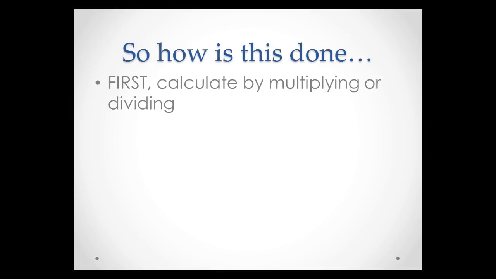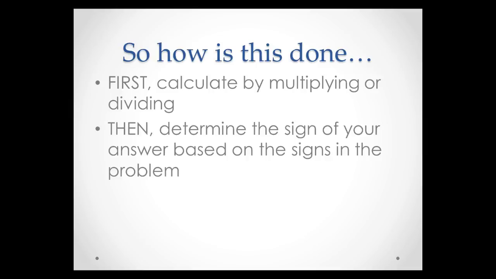So how is this done? First, you're going to calculate the two numbers by either multiplying or dividing, depending on what's in the problem. Then you're going to determine the sign of your answer based on the signs in the problem.